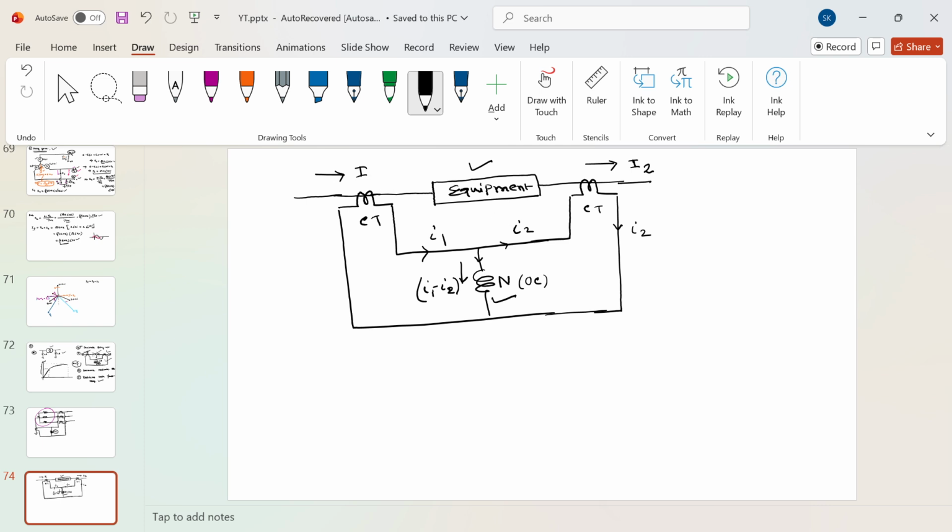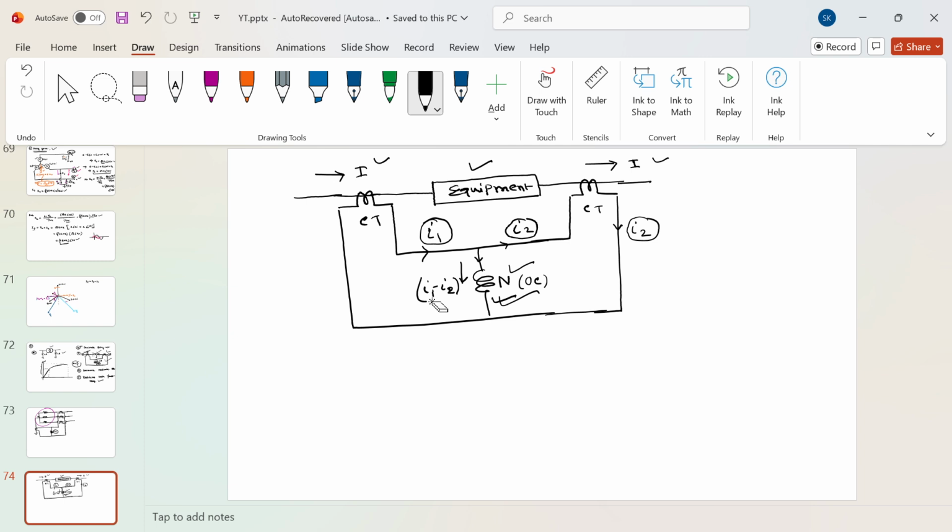So even if the incoming current is I and the outgoing current is I, you may get a current I1 here and a different current I2 there, because of CT ratio error and so on. You end up with different secondary currents, and that difference can excite the operating coil and lead to maloperation. So even if there is no fault, the relay coil will send the trip signal to the circuit breaker and trip it. So how do we avoid it?